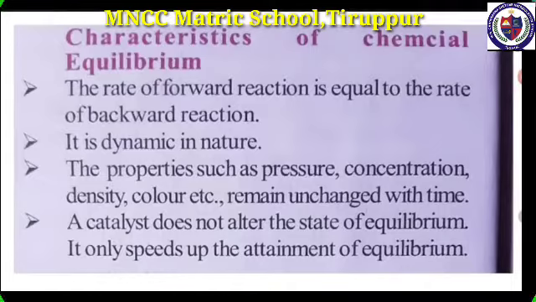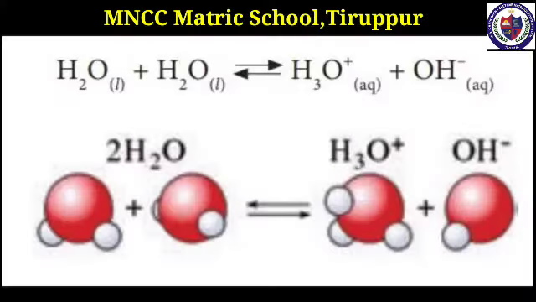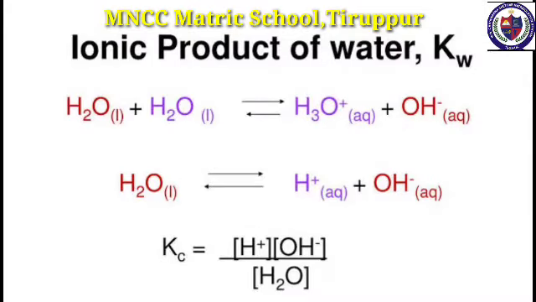Next we move to ionic product of water. Although pure water is often considered a non-conductor of electricity, precise measurements show that it conducts electricity to a little extent. This conductivity of water results from the self-ionization of water. Self-ionization or auto-ionization is a reaction in which two like molecules react to give ions.